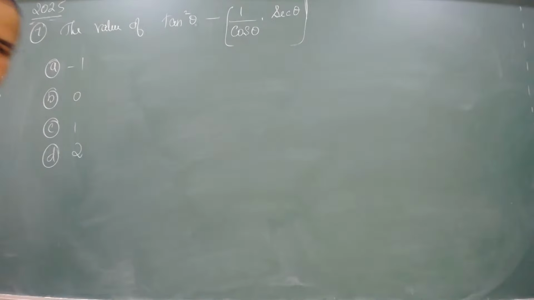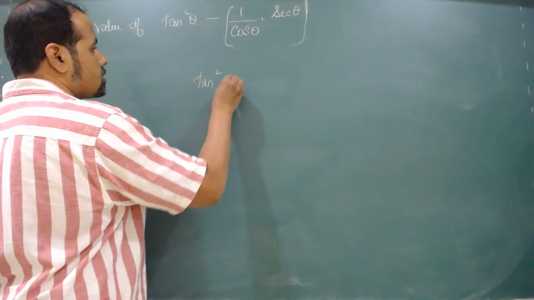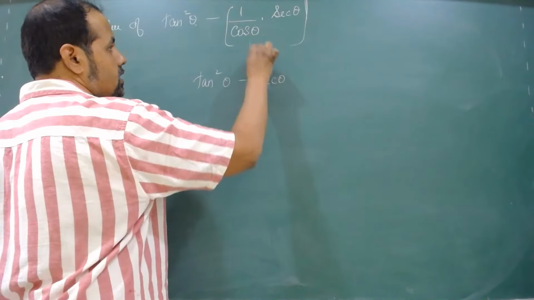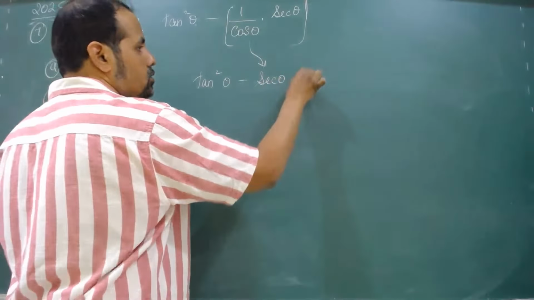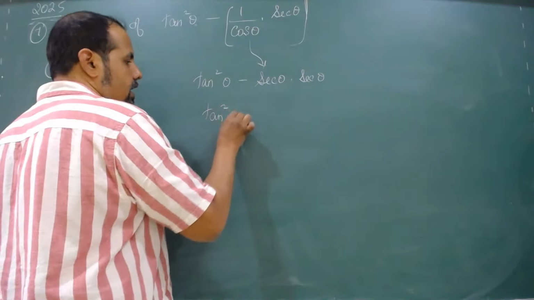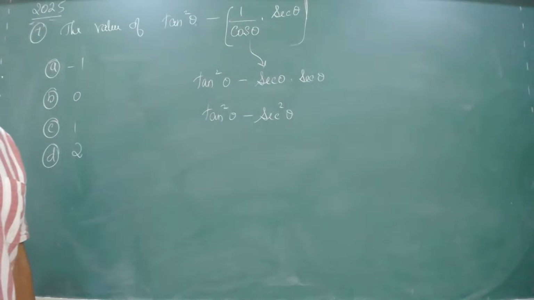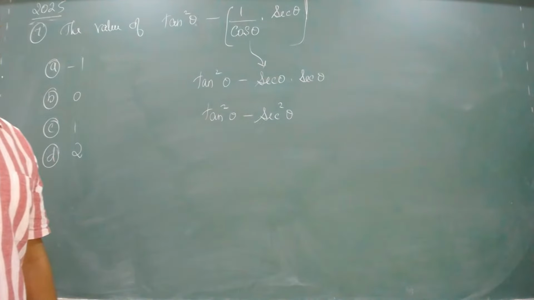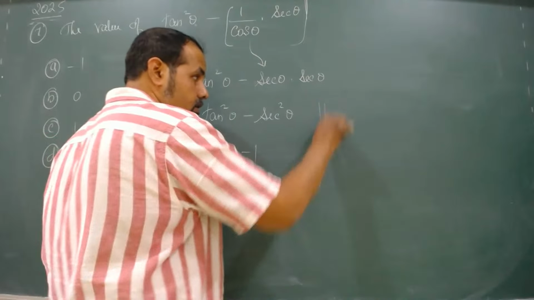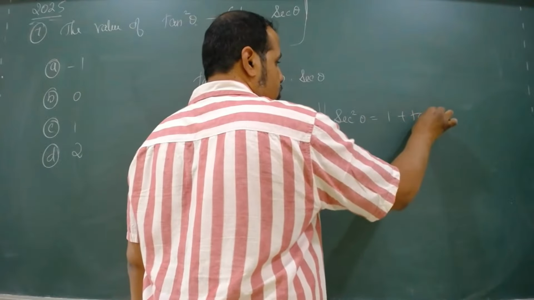Now, you very well know that 1 by cos is sec theta. 1 by cos is sec theta into sec theta. Tan square theta minus sec square theta. Just now we had done this problem. Tan square theta minus sec square theta is nothing but minus 1. Once again, I repeat that. Reason: you very well know that sec square theta is 1 plus tan square theta.